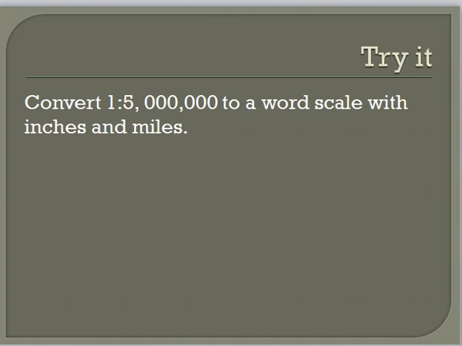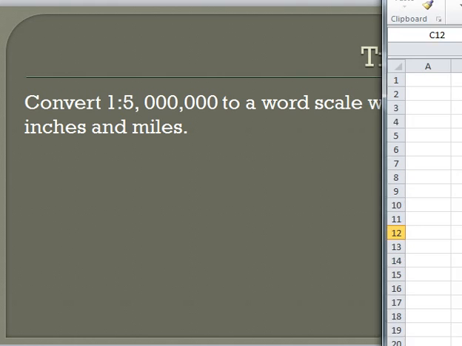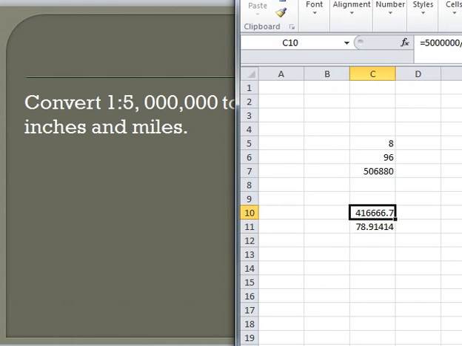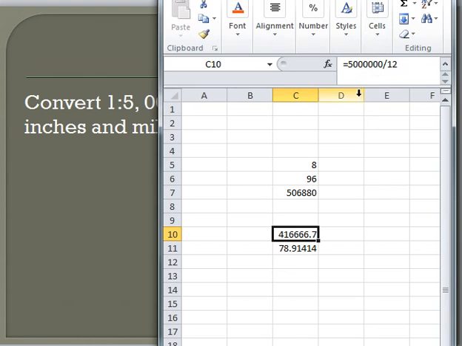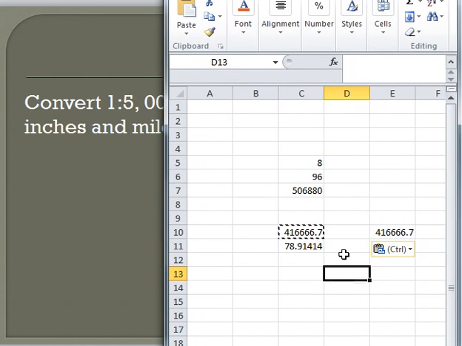Okay, so here we go. What I got on that one, I took 5,000,000 and divided it by 12. And then I took the value in that cell. That's so easy to do. Watch this. And put that there. Okay.